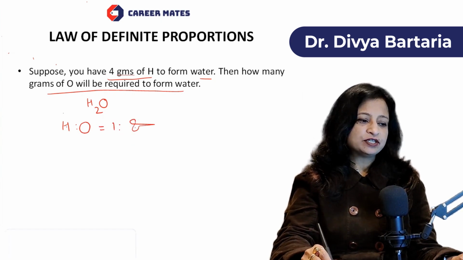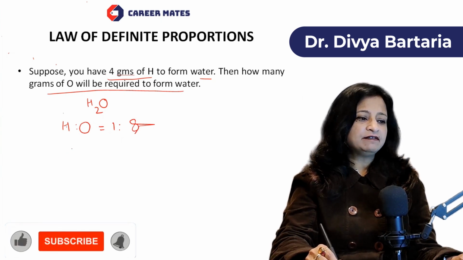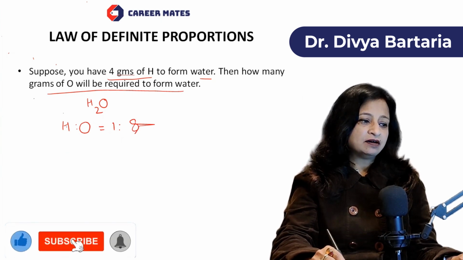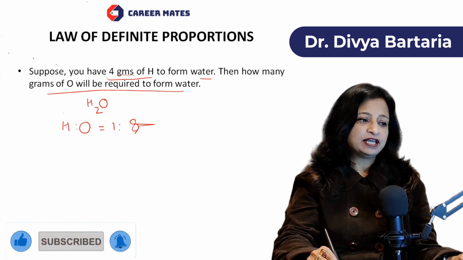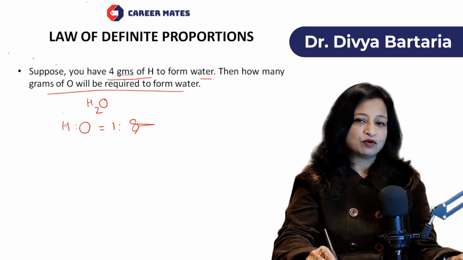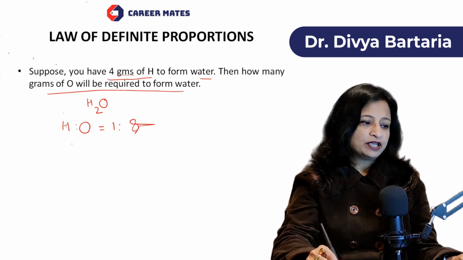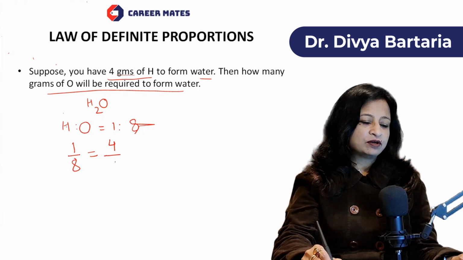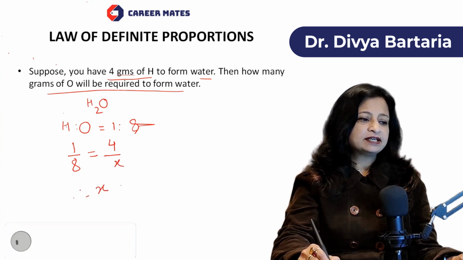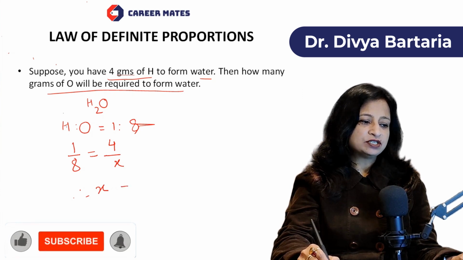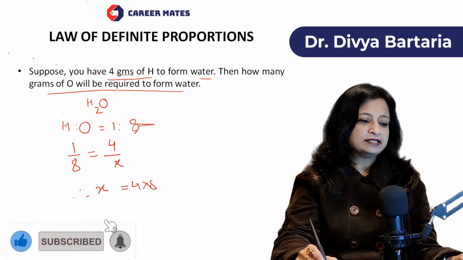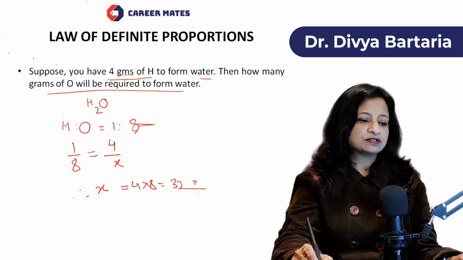So if this ratio is 1:8, then definitely we can calculate the grams of oxygen with the help of 4 grams of hydrogen in order to form water. So we can write in this manner: 1:8 is equal to 4 grams of hydrogen for x grams of oxygen. So in that way we can calculate x grams of oxygen that will be required, which is 4 into 8, that is 32 grams of oxygen.